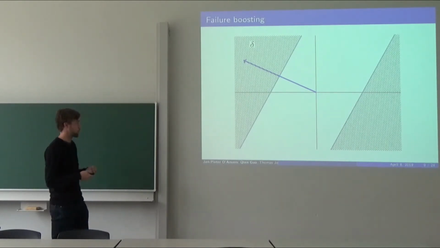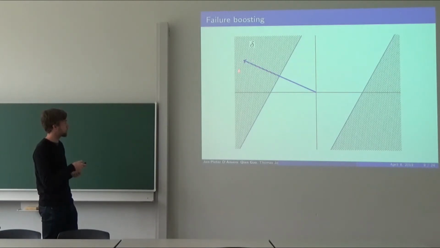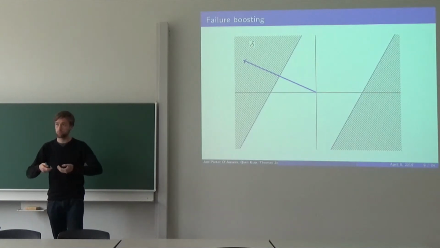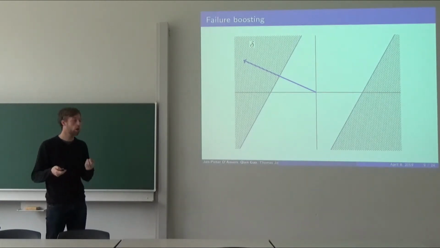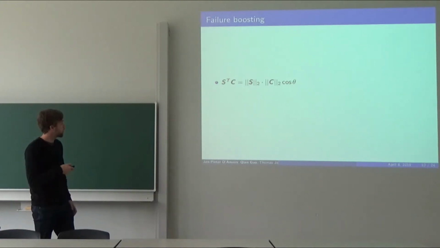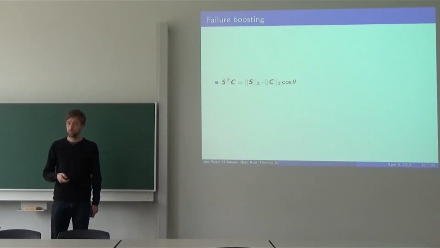Okay. But remember that we don't know anything about the direction of S. So how can we say something about the failure probability of these ciphertexts, not knowing anything about S? Well, if we write this with vectors, we can write this inner product as the norm of S times the norm of C times the cosine of the angle between the two.